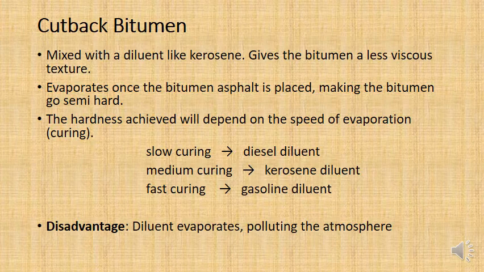So how do we choose which kind of cutback, which kind of diluent we add to the bitumen? Well, basically it will depend on how fast a curing we want. If we need it to be very fast, because we need the road to harden quickly so that we can get cars on the road quickly, we're going to use a petrol diluent.